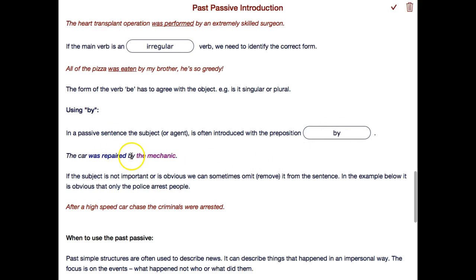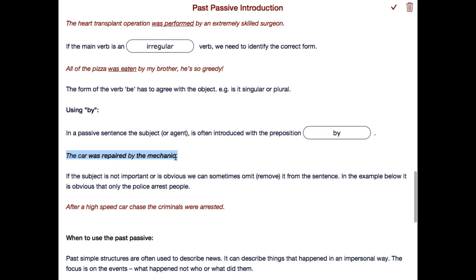The car was repaired by the mechanic. Now, why would we say that? Why not just say, the mechanic repaired the car? And this is what we're talking about when we say that the doer of the action is less important than the object. So this sentence would most likely be found in a paragraph about the car.